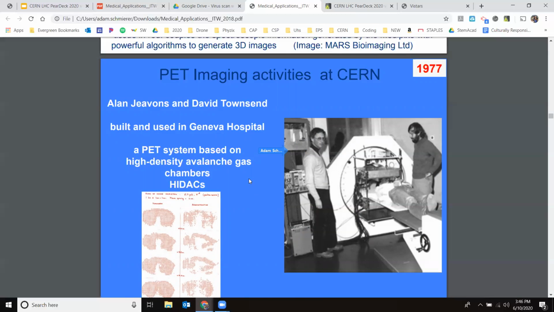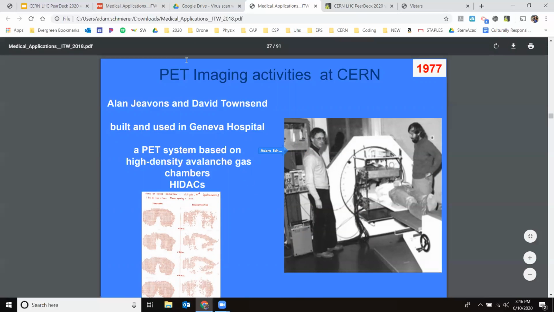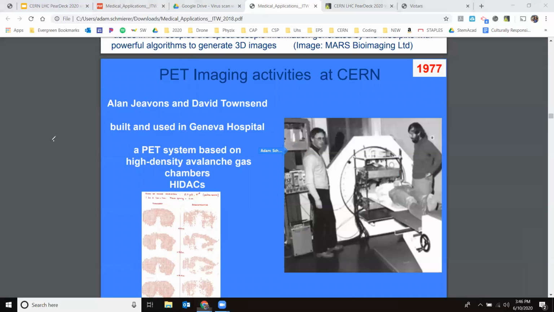So what you do is you put a radioactive substance in a person, and when it decays, oh, I gotta draw on this thing. We gotta know some physics. Okay. So you put a radioactive source, and when it decays, it'll emit an electron one way and a positron the other way.